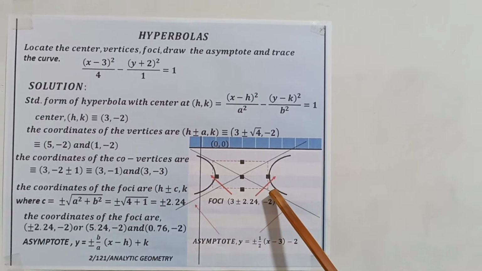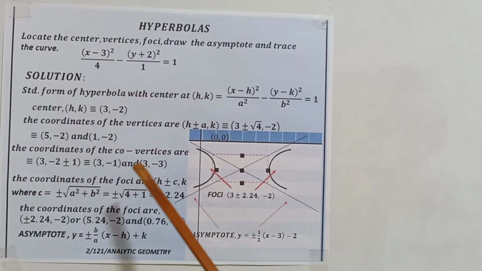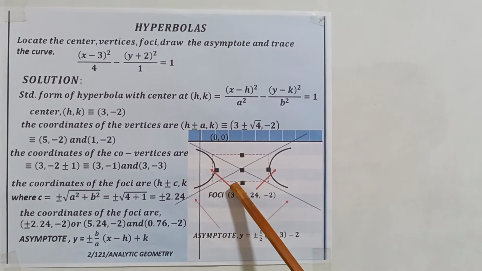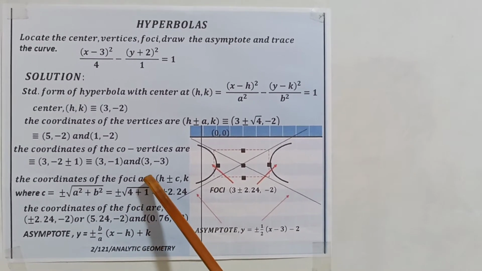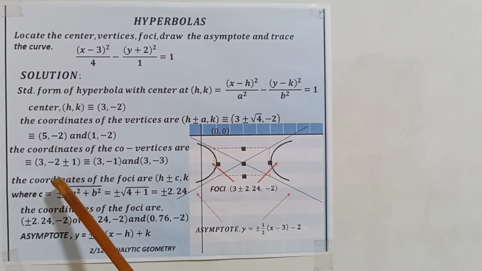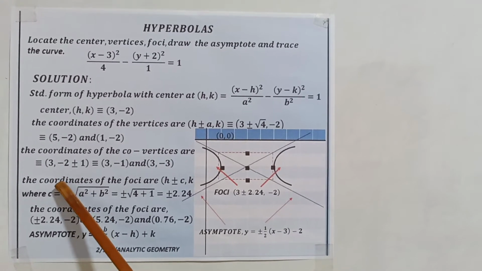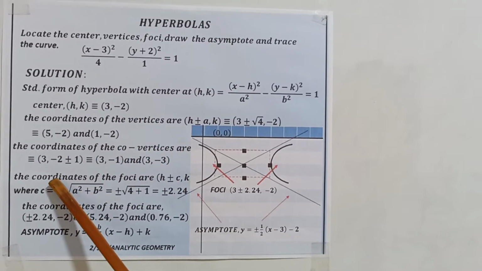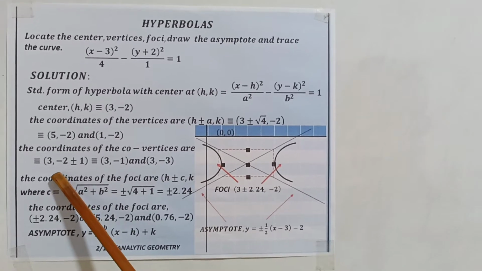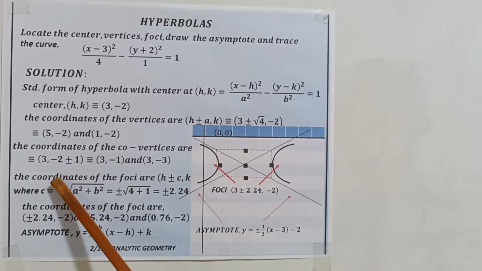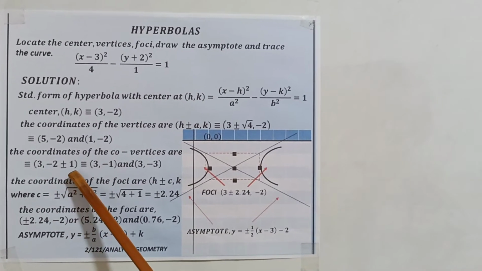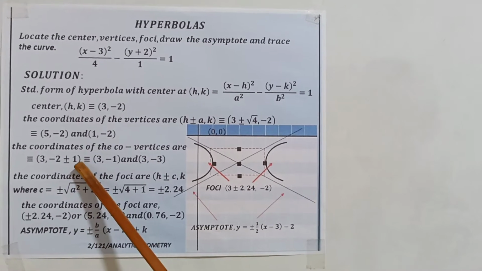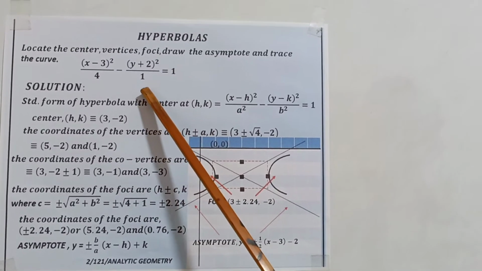So the coordinates of the vertices are 3, the value of h, and negative 2, h plus or minus b, b is plus or minus 1.